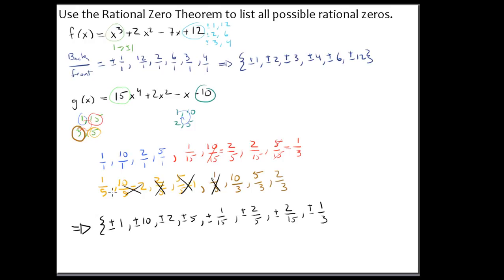Okay. Plus or minus 1/5. Plus or minus 10/3, plus or minus 5/3, plus or minus 2/3. Close that up. And that is all 2, 4, 6, 8, 10, 12, 14, 16, 18, 20, 22, 24. Oh my goodness, 24 possible rational zeros to this equation. All right. See you next time.